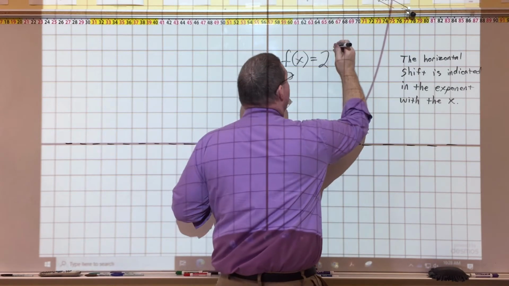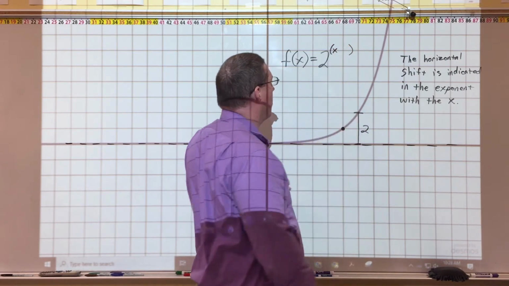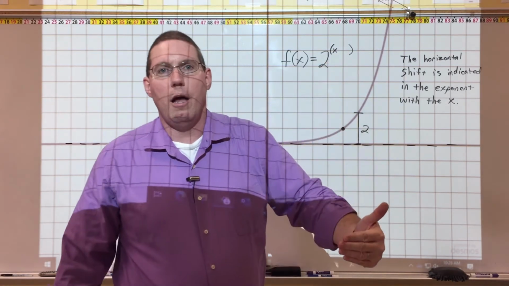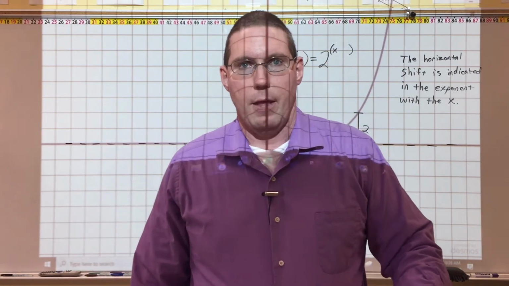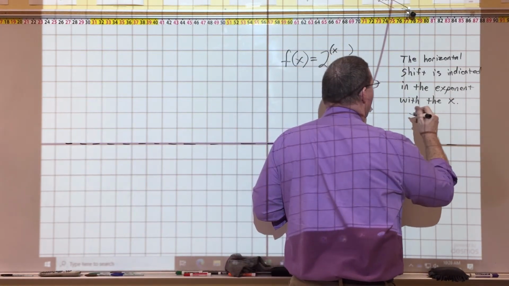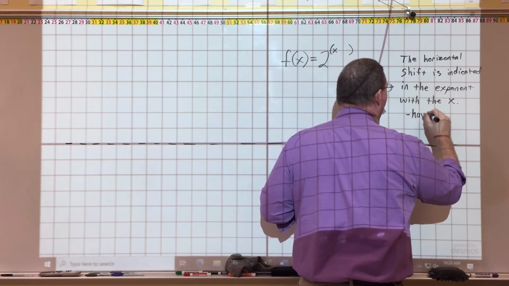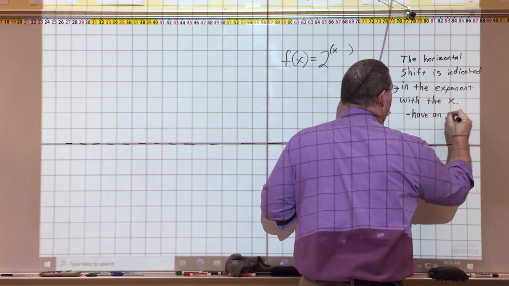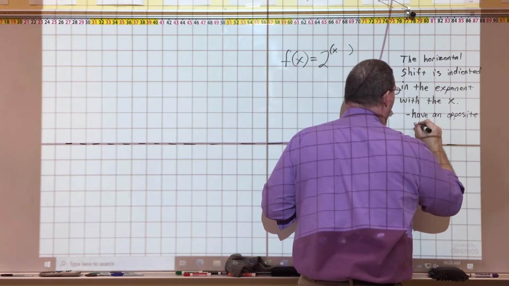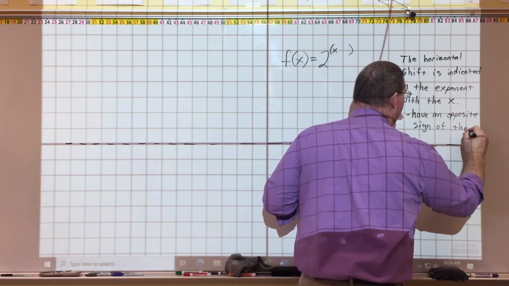So up here in the exponent, we're going to put some parentheses, and it's going to start with an x. And now what we're going to put here is we're either going to put a plus a number or minus a number. Now here's what you have to understand. The horizontal shift is going to have an opposite sign of the shift.